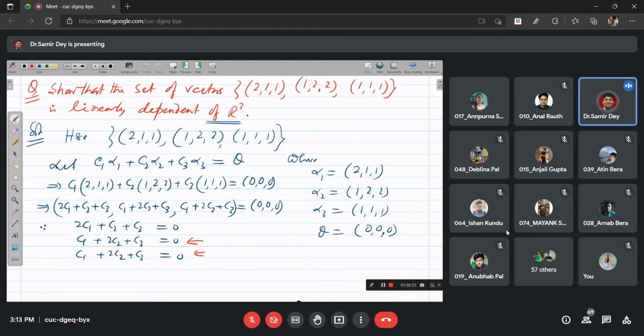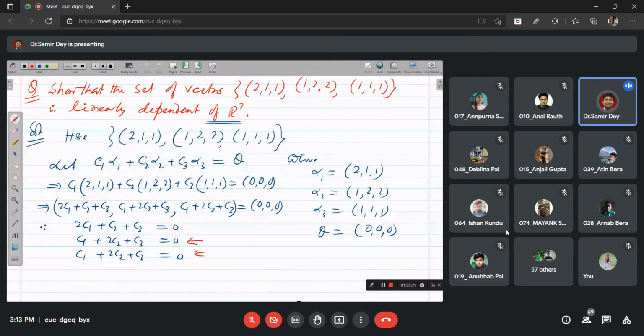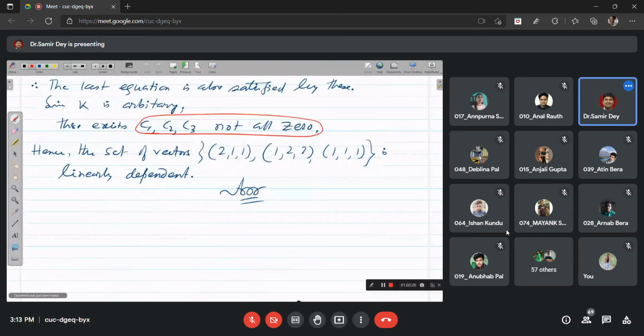The last question was linearly independent, where C1, C2, C3 are all 0. But here the set of vectors is linearly dependent, where C1, C2, C3 are not all 0. Is it clear? Shall I move to the next slide? Okay.